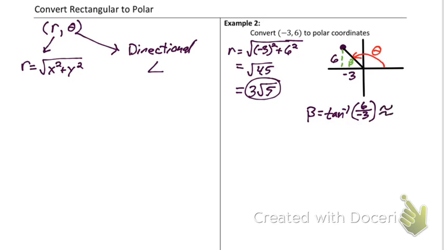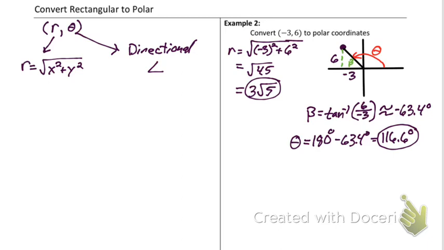And that's going to be about negative 63.4 degrees. What Nora was giving me is that our theta should actually equal 180 minus 63.4, which is then going to equal 116.6 degrees.